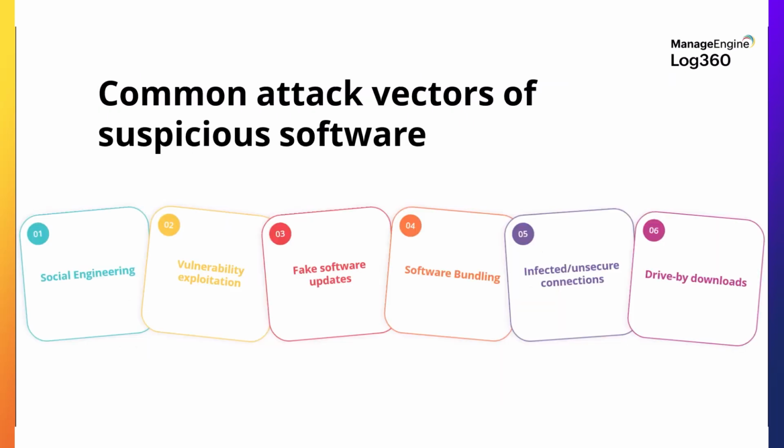Here are some common attack vectors for suspicious software to infiltrate the network. Unauthorized and suspicious software can enter a network through phishing or social engineering tactics, where users are tricked into installing remote access software. This software grants attackers control over the user's device. Alternatively, if an attacker has already gained access to the network, they might directly install the malicious software.